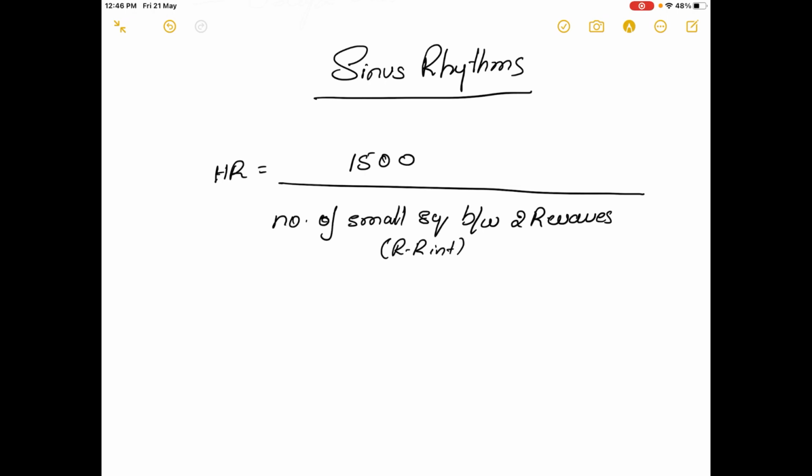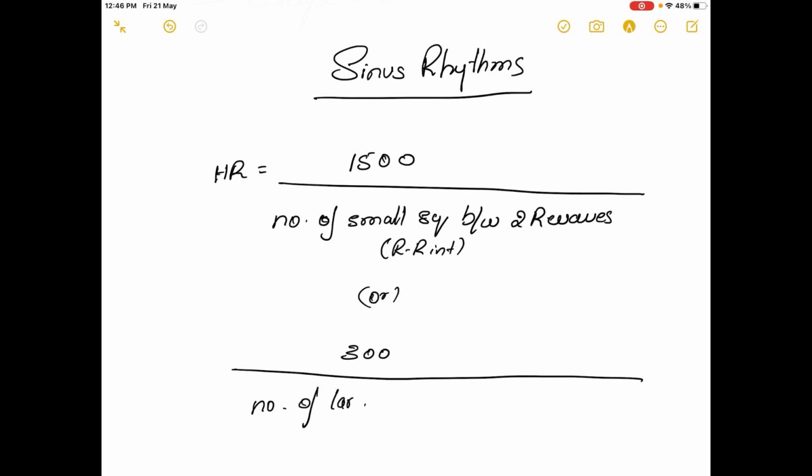The other way is dividing 300 by the number of large boxes between two R waves. Either way we can calculate the heart rate.